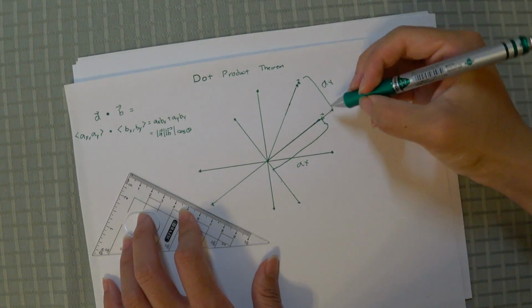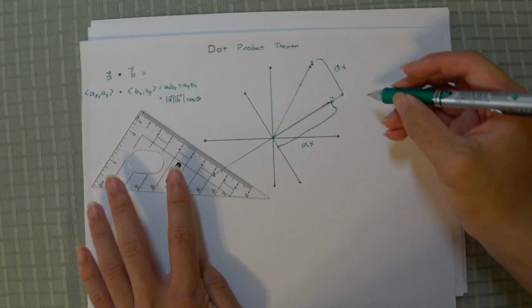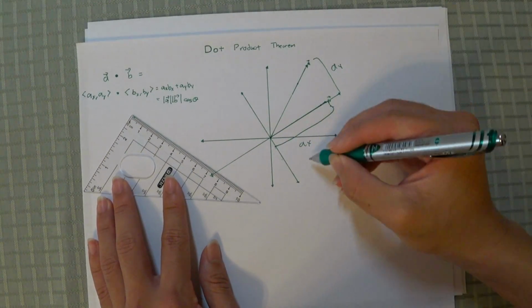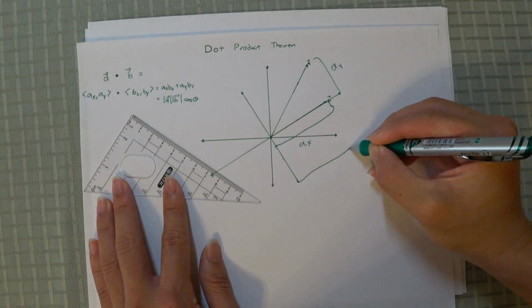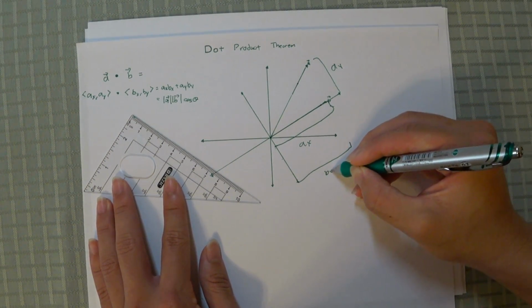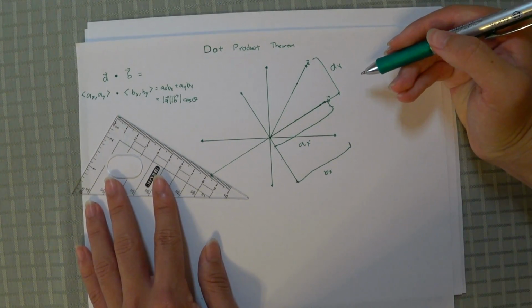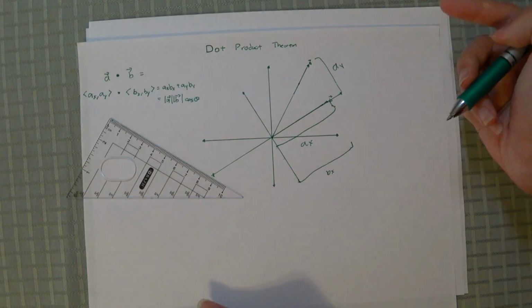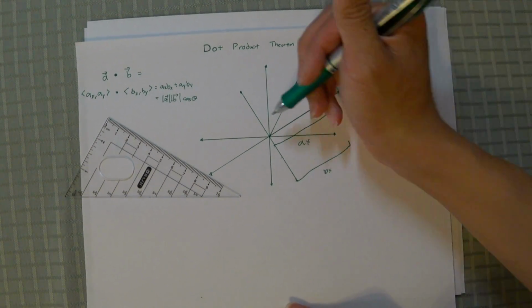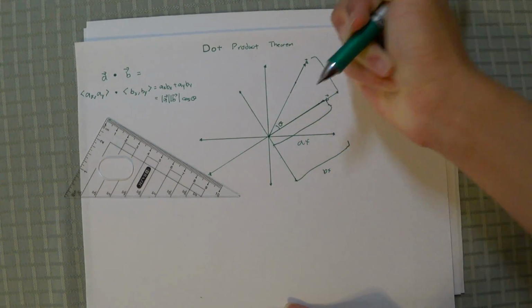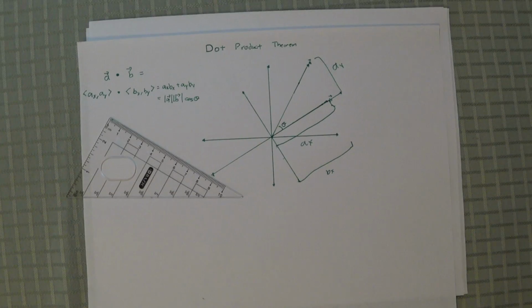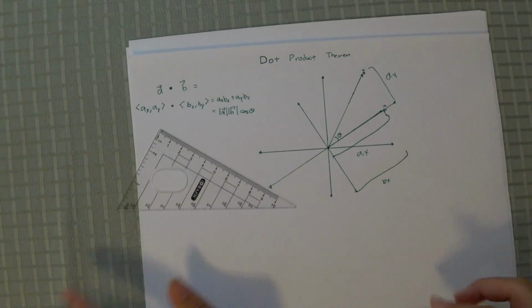And then BX is itself. This is BX, and then there is no BY. And then let's call this angle, which is the angle between them, theta. Okay? So then let's just follow what we have here.